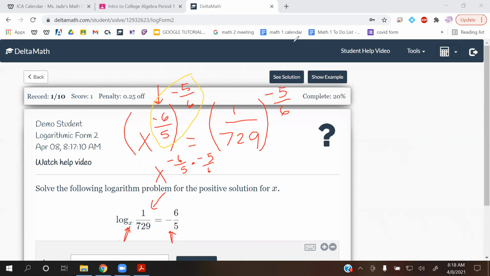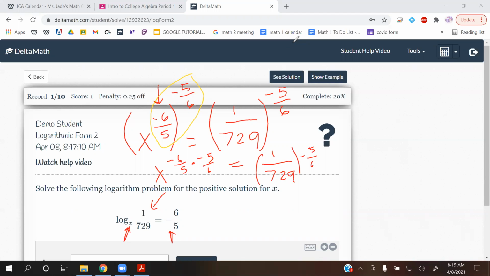We're just multiplying these because that's the exponent rule. Is equal to 1/729 to the power of -5/6. Sorry, that's messy, but there you go. So all I did right here is rewrite it so that we're multiplying those exponents together, those exponents being the ones I circled in yellow.